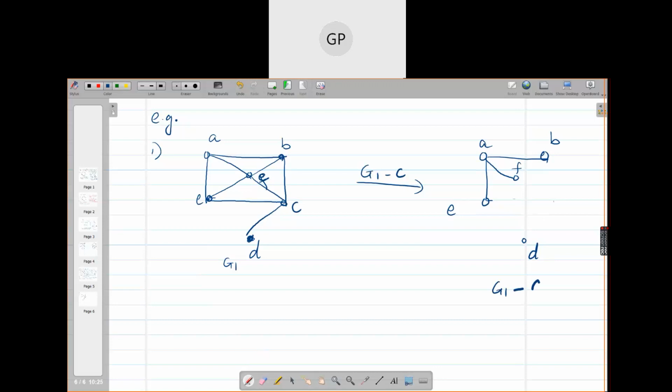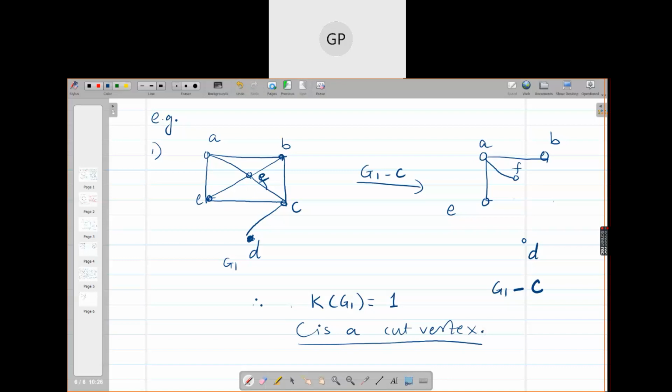Yes or no? Yes. So what is vertex connectivity of this graph? How many vertices I need to delete? 1. Only one. So this is a cut vertex, right? C is a cut vertex. Okay? Is that clear?